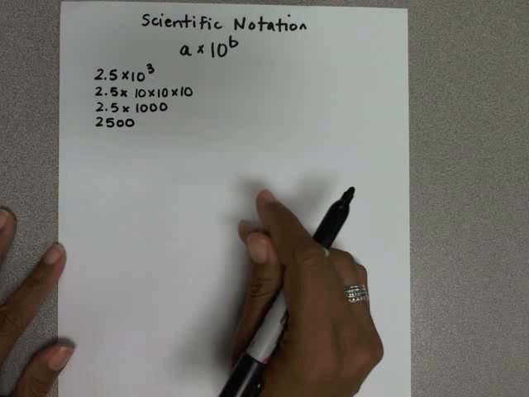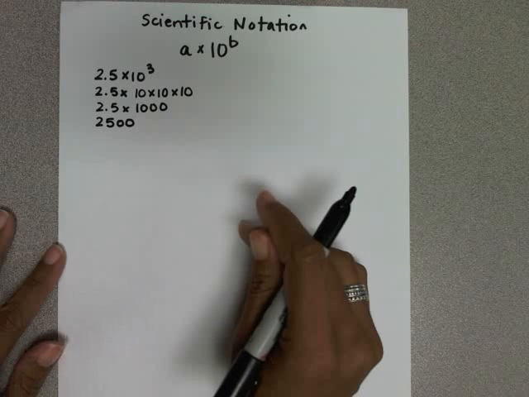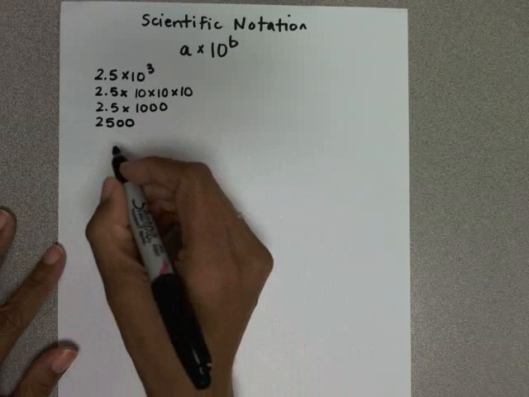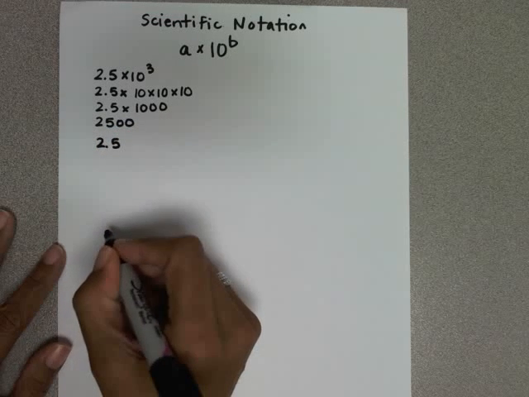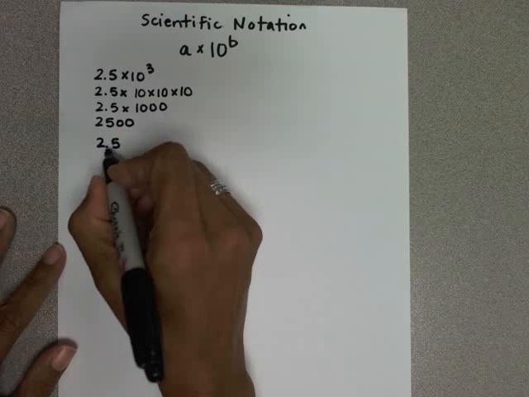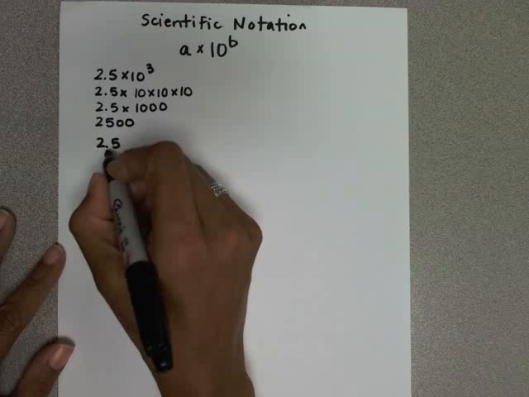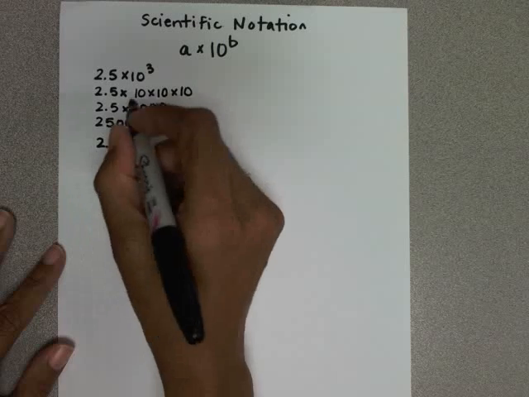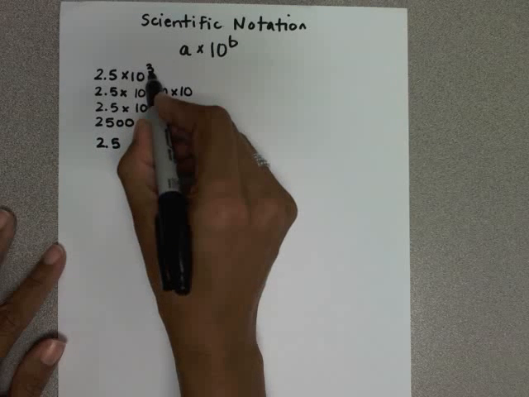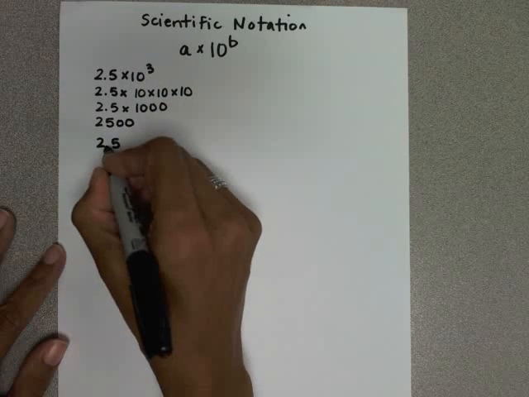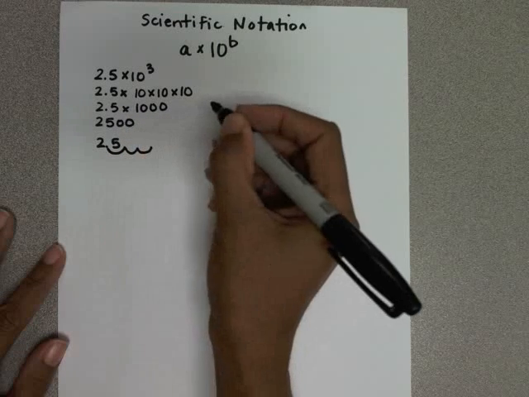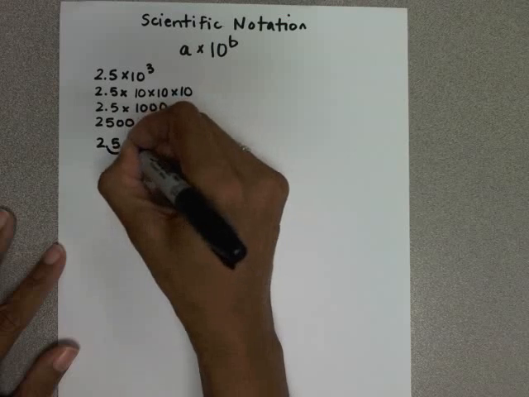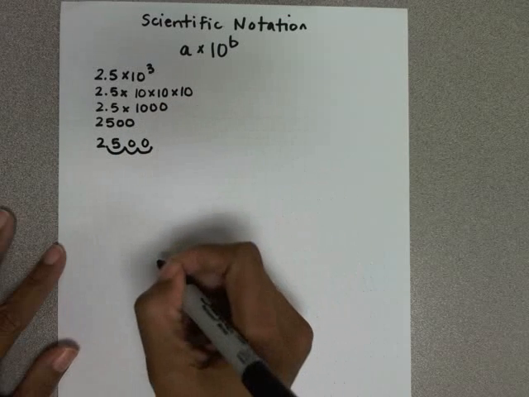There's a shortcut for writing numbers in standard form. You start with the 2.5 and then you move the decimal point 3 places, and in this case it's 3 because this exponent is 3. 1, 2, 3, making the number larger, and you fill in zeros as needed.